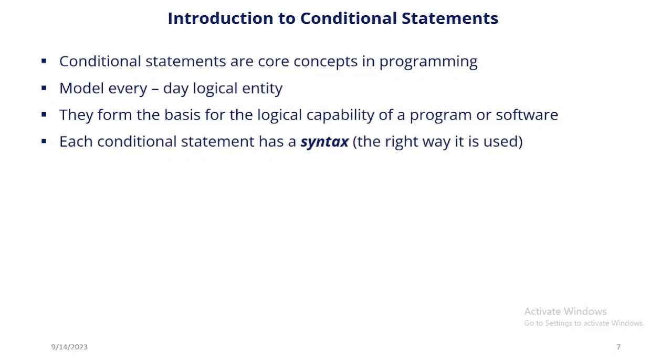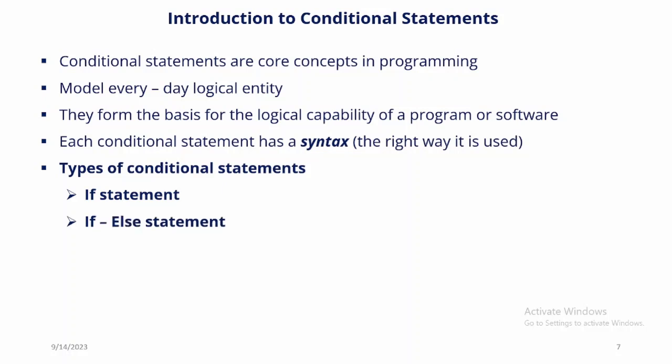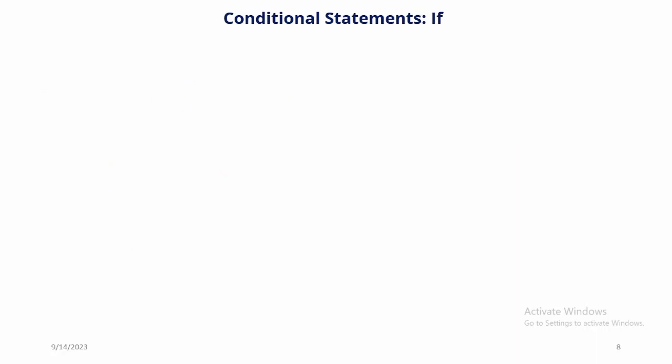Syntax is the right way it is used, and it can be of several types. The if statement is a conditional statement. Then we have a more complex form of it, which is the if else statement. Then we have the if then else statement, and we'll look at them one by one.